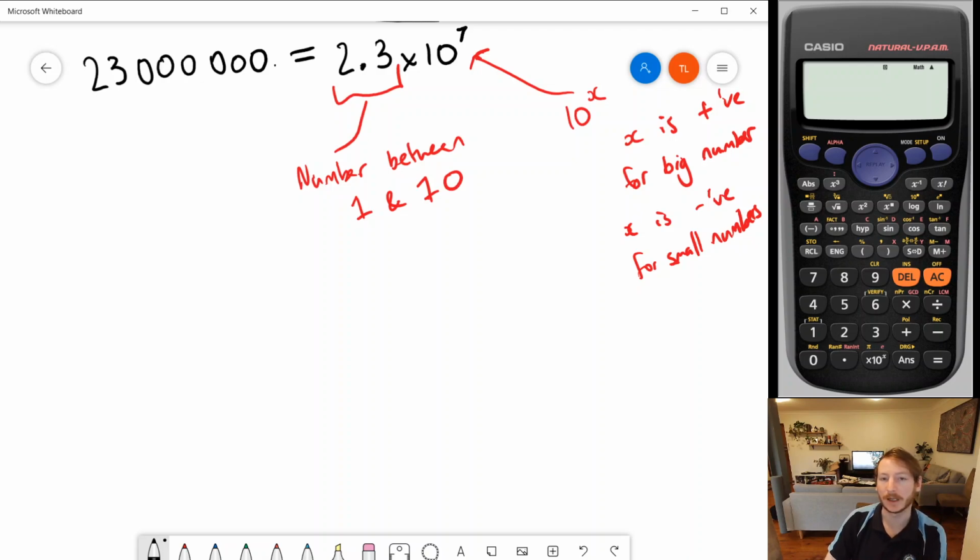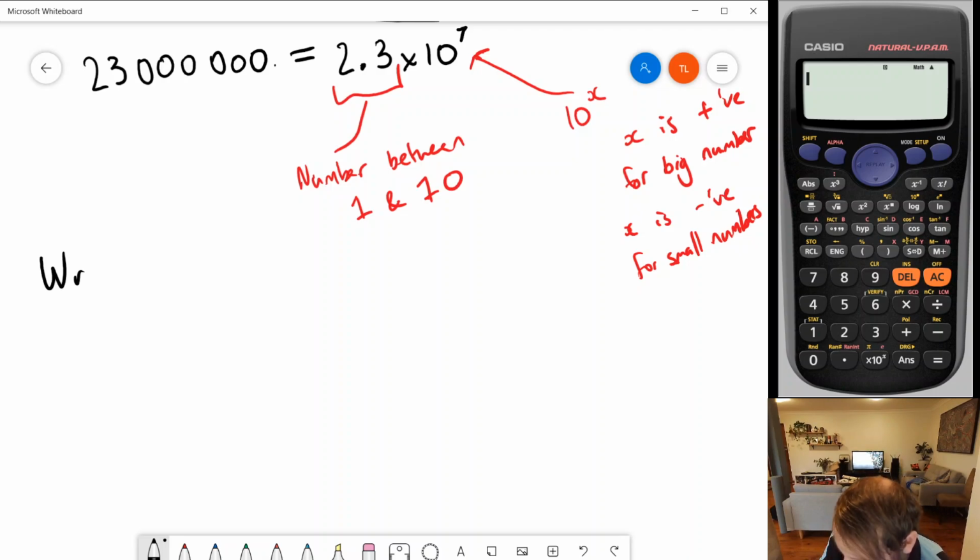So often you'll see decimal notation, which is the normal one, 23 million, or scientific notation. But that's something to be careful of. If you see standard notation, my brain often goes to just normal numbers, but it means scientific notation, it's an older term for it.